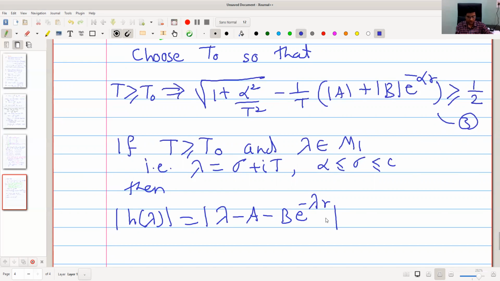Now lambda is nothing but sigma plus iT, so we may write this as sigma plus iT minus a minus b e raised to minus sigma r minus iT into r.